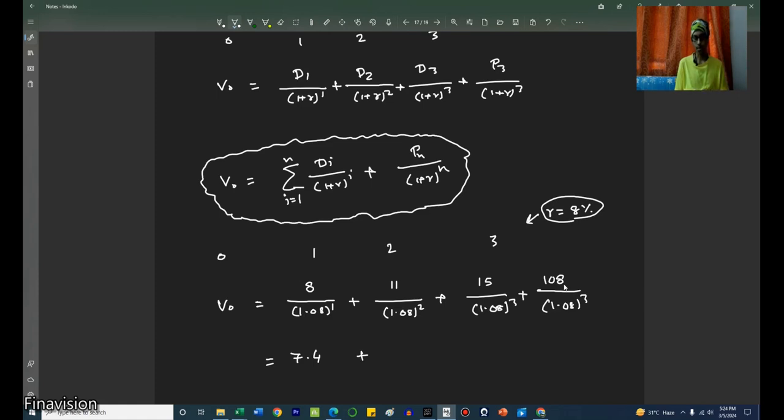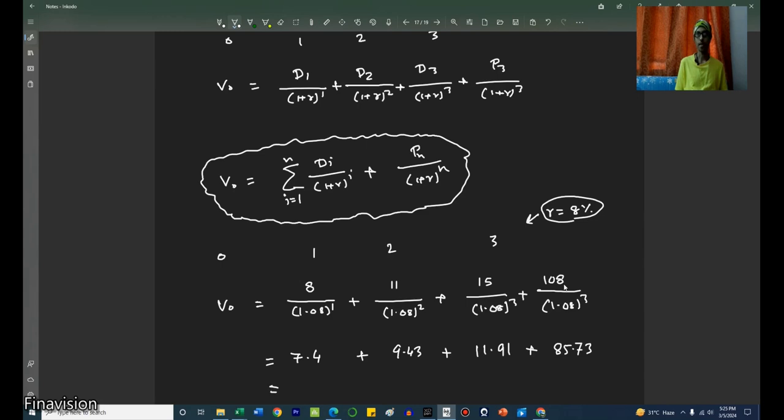The second expression, 11 divided by 1.08 squared, is 9.43, plus 15 divided by 1.08 to the power 3, which is 11.91 approximately. Then 108 divided by 1.08 to the power 3 is 85.73.